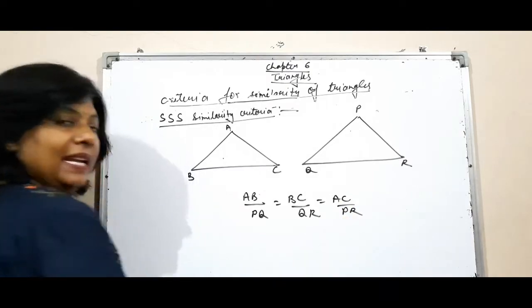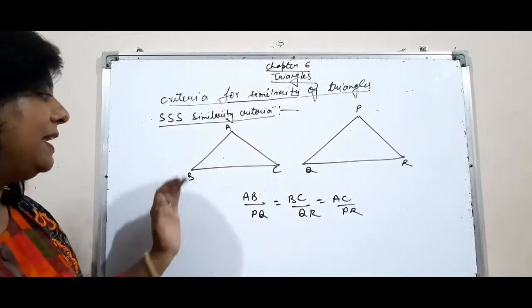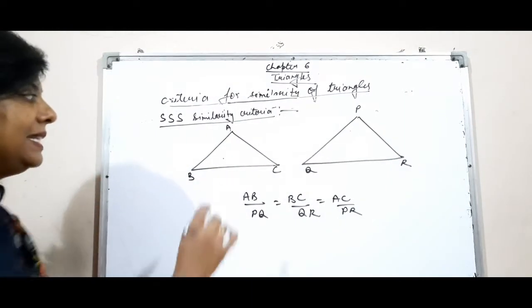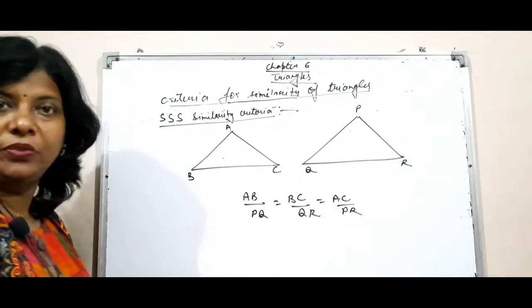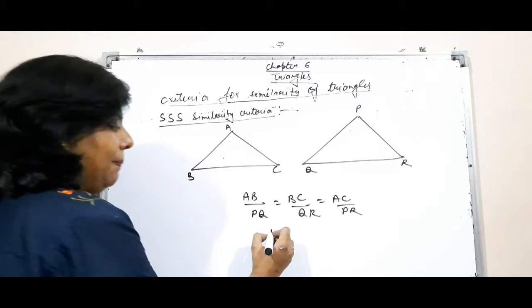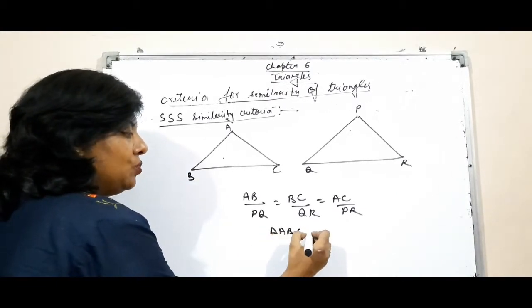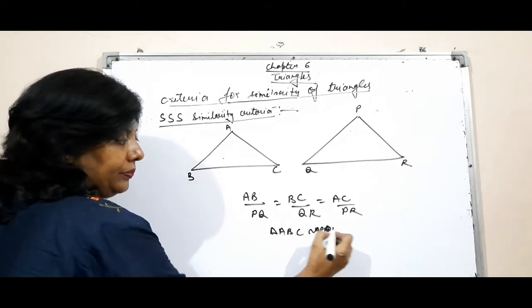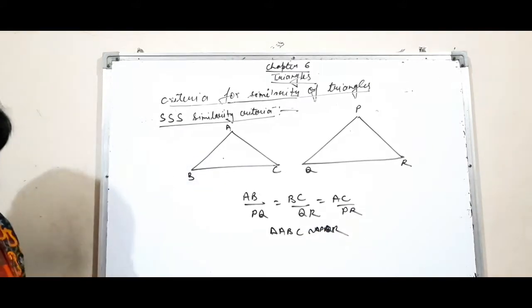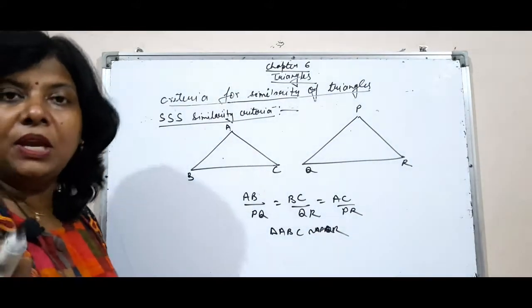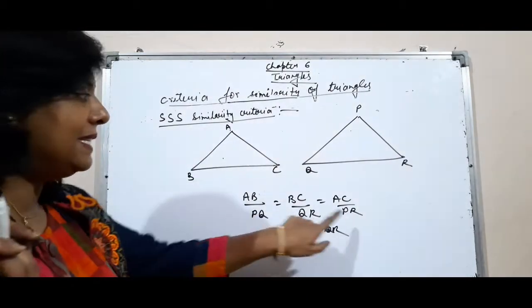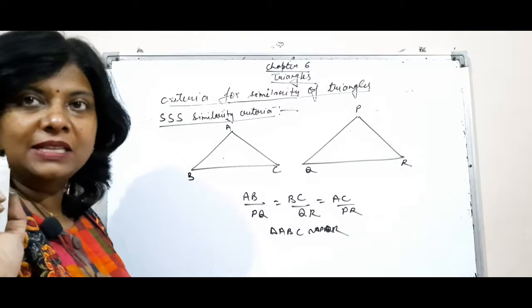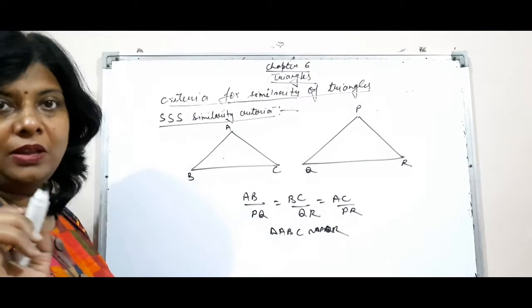Their corresponding sides are in proportion, it means their ratios are equal. Then triangle ABC is similar to triangle PQR, and the triangles are said to be similar. Okay.